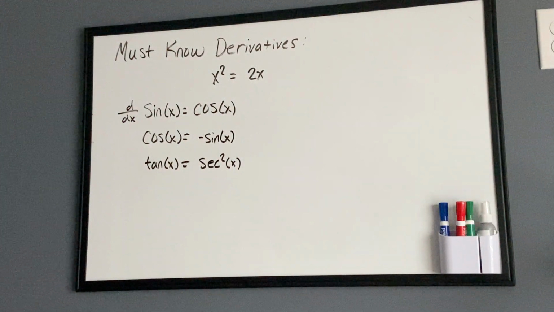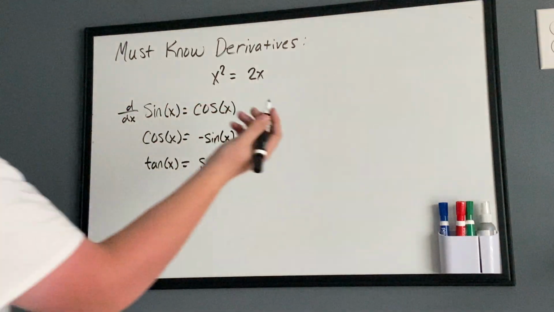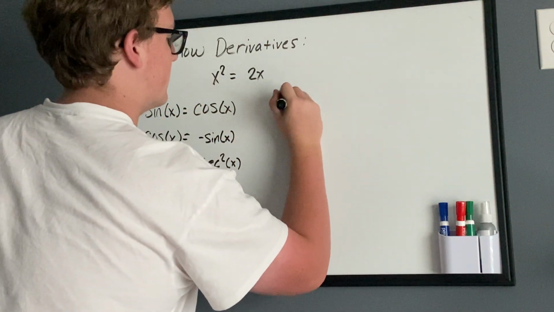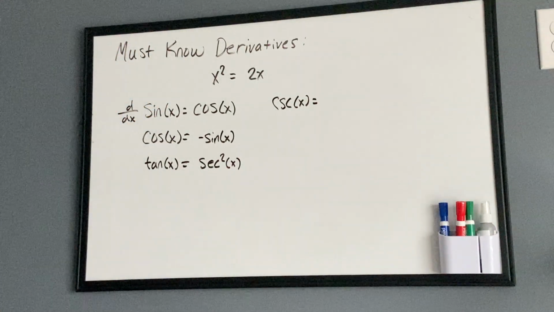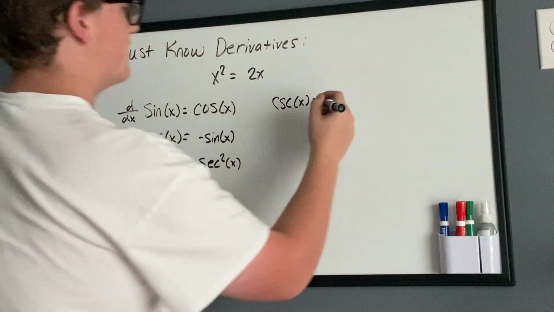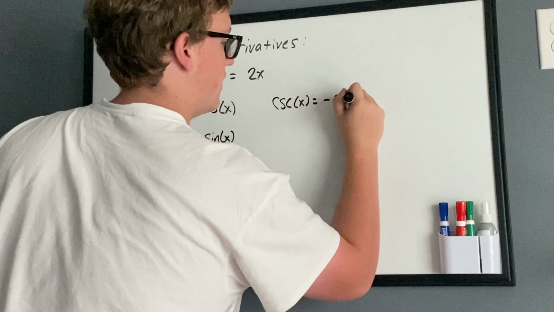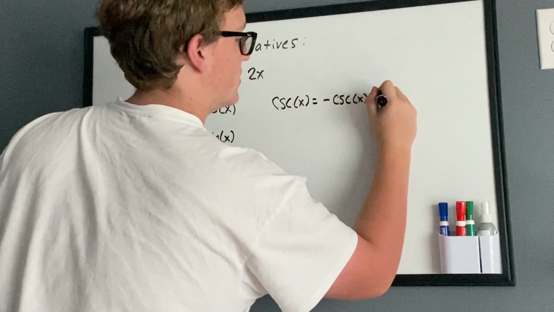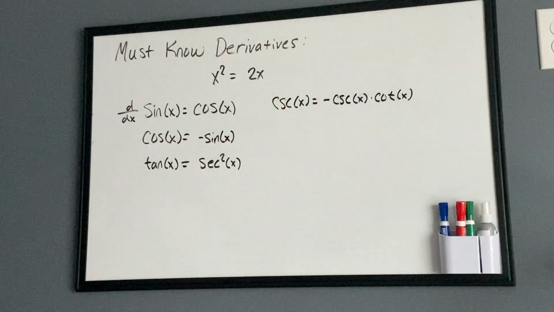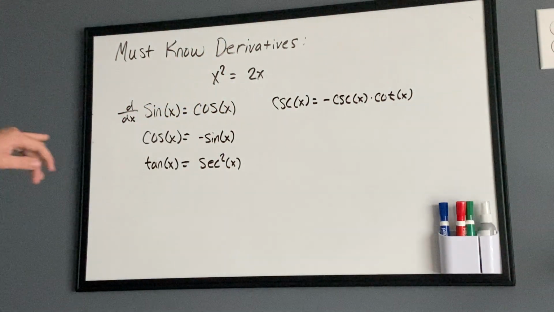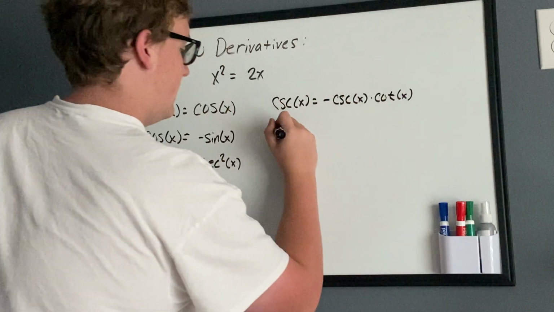Now we can do their counterparts, so we can also do cosecant of x. This is equal to negative cosecant of x times cotangent of x. Now for cosine, we know that that correlates to secant x.